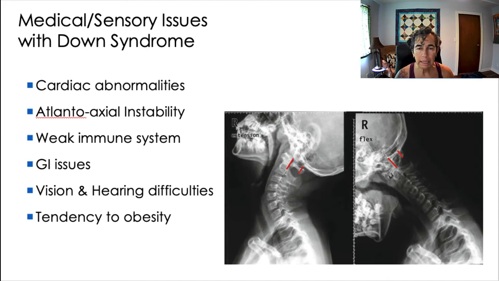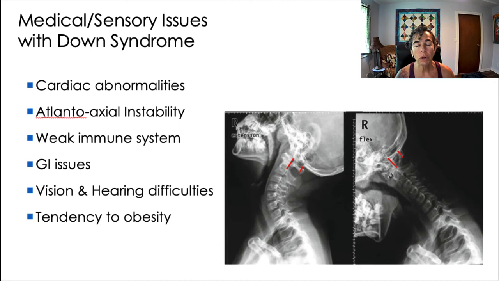What this means is, and students often think, oh my goodness, they can't participate in gross motor. I am here to tell you that children with Down syndrome and adults with Down syndrome can absolutely participate in a range of gross motor activities and sports. What we want to avoid and be careful of are things that put direct pressure on that atlantoaxial junction, things like tumbling or contact sports like tackle football.